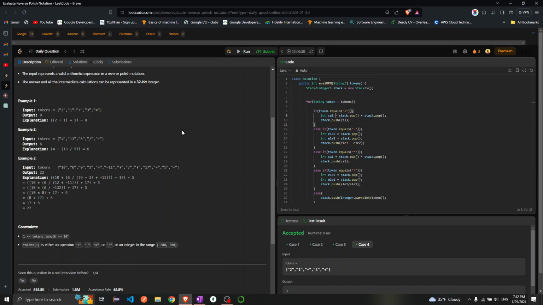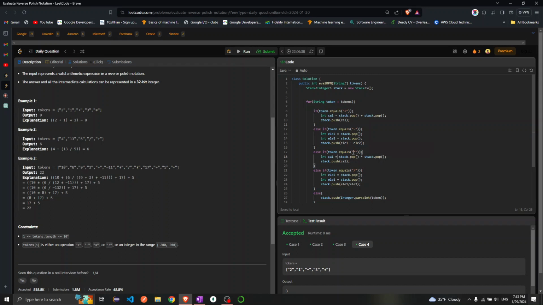So it is popping the top two values and pushing the addition into the stack again. When the operator is minus, I'm taking the top element as element 2, and the next element as element 1, and I'm pushing the value element 1 minus element 2 into the stack.